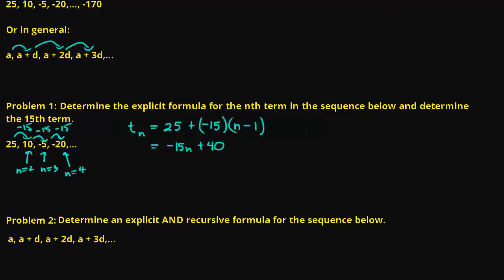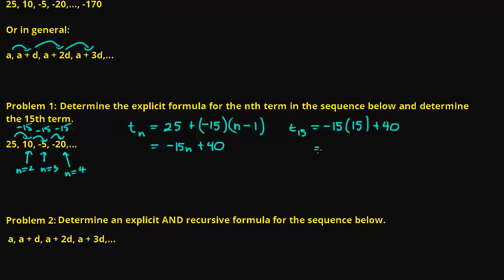The next part of this example wants us to calculate the 15th term. So we have that t sub 15 is going to be equivalent to negative 15 times 15, not n anymore, because we know n is going to be 15 for the 15th term. So negative 15 times 15 plus 40.